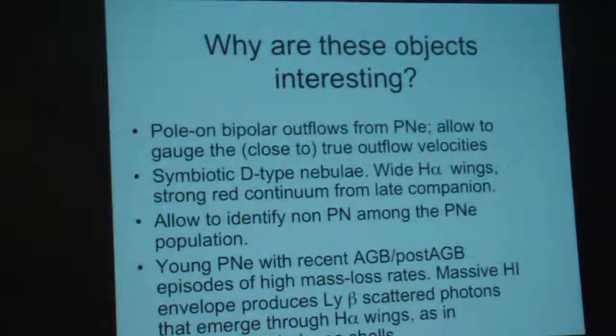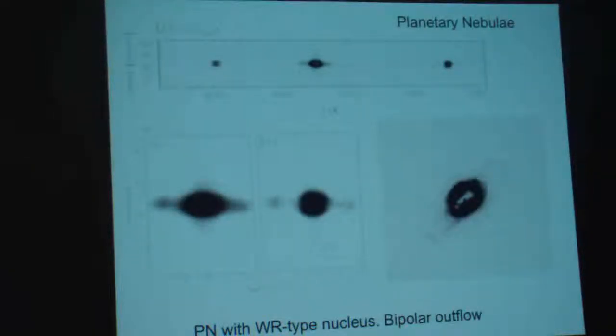Well, let me go back. This is a typical example of a nearly polar planetary nebula with a Wolf-Rayet type nucleus, M3-15. This is the spectral range for the single-order echelle. See, this is wavelength, this is arcseconds along this scale, H alpha and the two [N II] lines.